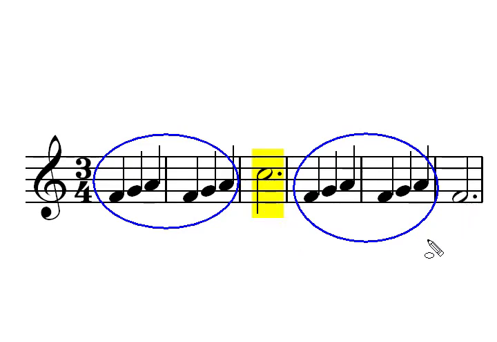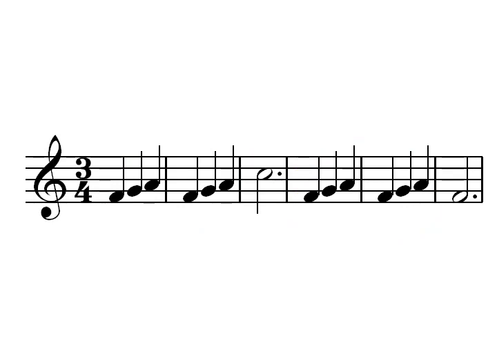So let me show you how we go about to do this with repeat signs. First of all, let's take a listen to the example so we know how it should sound.